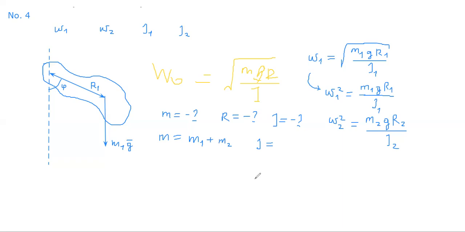So the axis of rotation is the same. And according to this, we can write that this is I1 plus I2. Okay, and what about R?